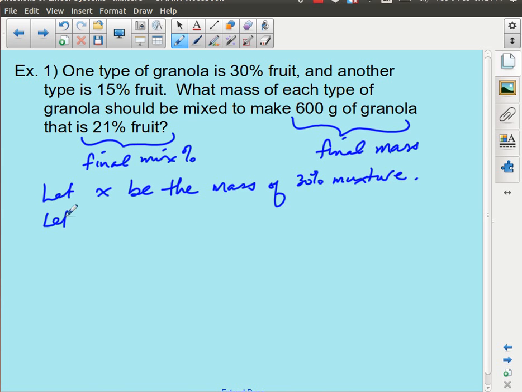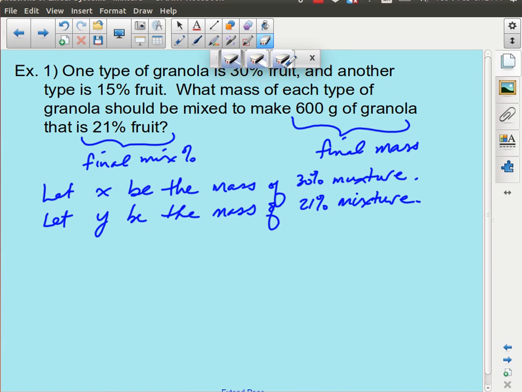And I'm going to let y be the mass of 21% mixture. So let's see, if x is the mass of the 30% mixture and y is the mass, sorry, I've written this incorrectly. y is not the mass of 21% mixture, y is the mass of 15% mixture.